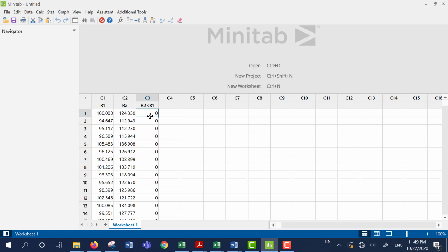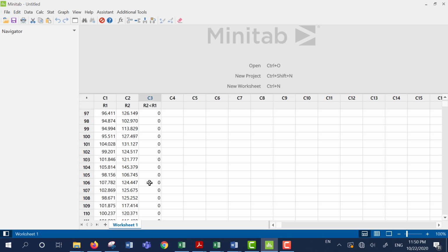So see, the test result here is a 0 or 1. A lot of times it's 0, but occasionally, you will find R2 less than R1, and get 1.